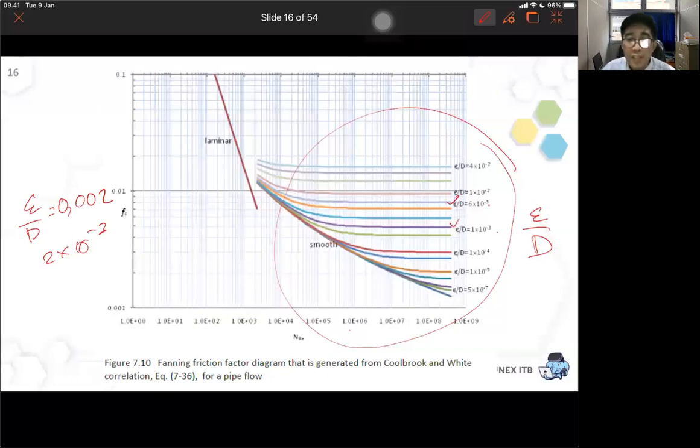Then you can create another line between the 1 and 6. So you calculate the Reynolds number, take the line upwards vertically, cross the line that you have made, then take the line horizontally to the left, and you get the friction factor.